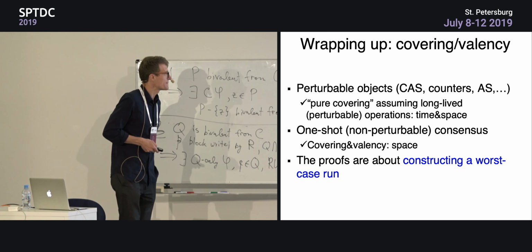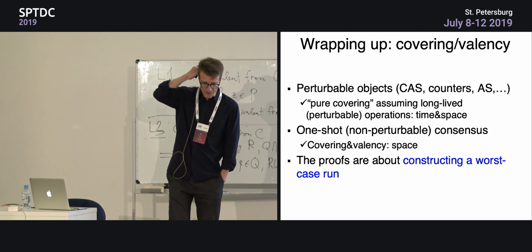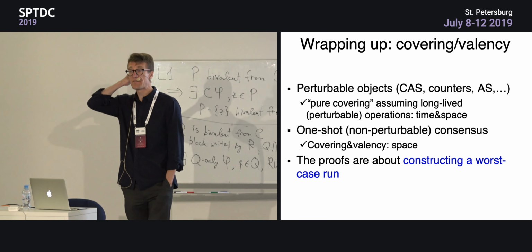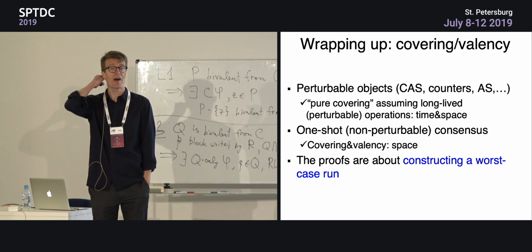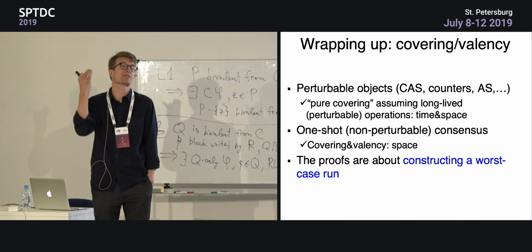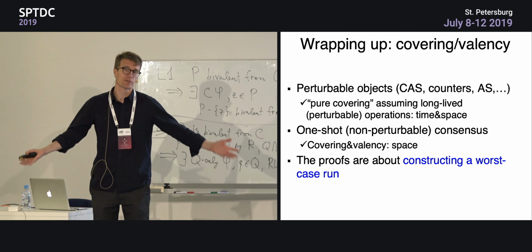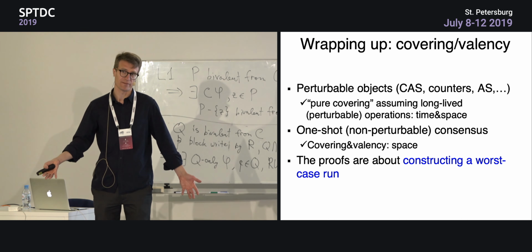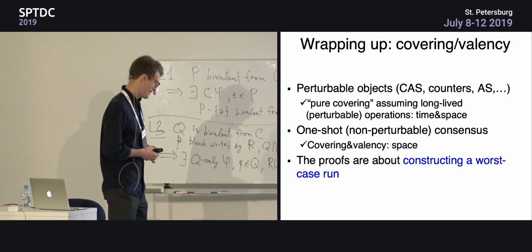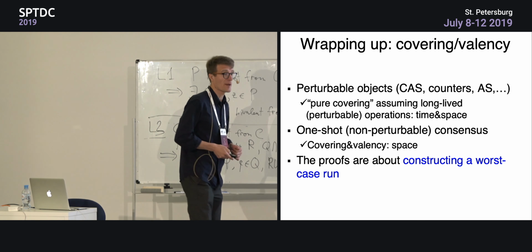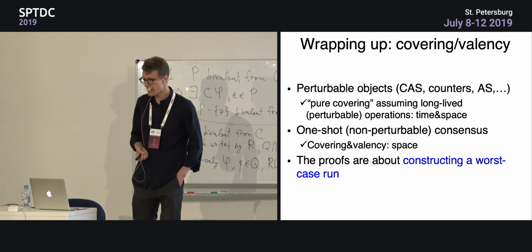Okay. All these proofs are based on constructing a run, a specific execution, which is worst case. So we look for a run in which something bad happens, or a lot of resources are used, or a lot of steps are taken. So it's always a worst case construction, which some people would say, oh, well, who cares?